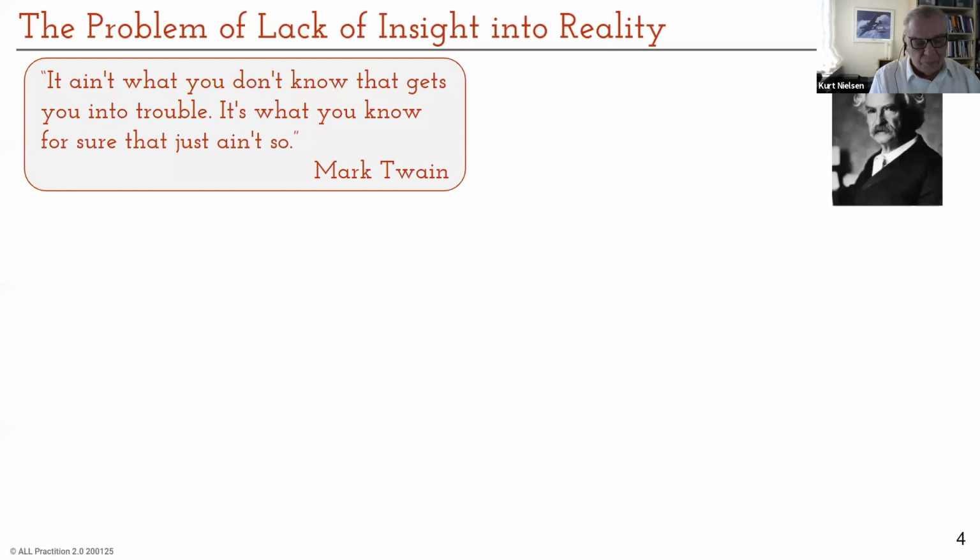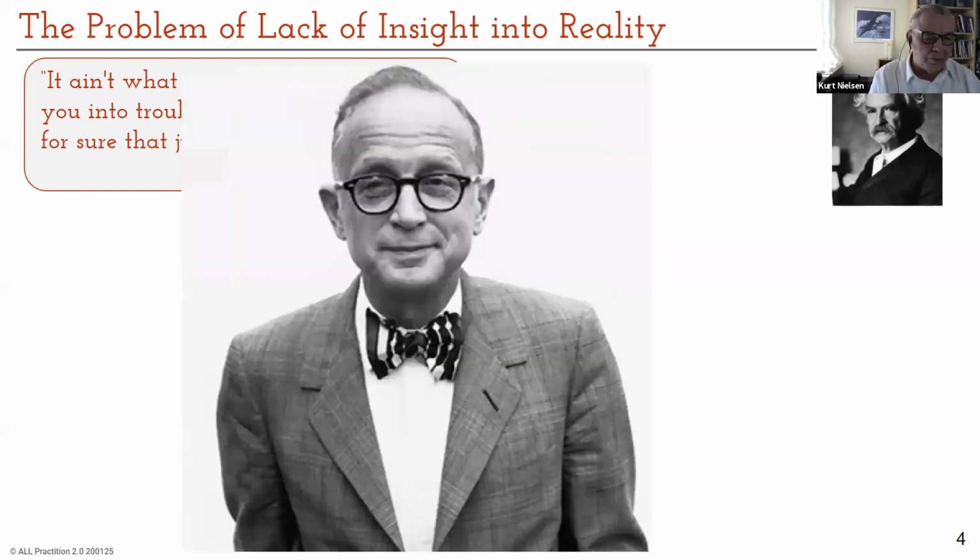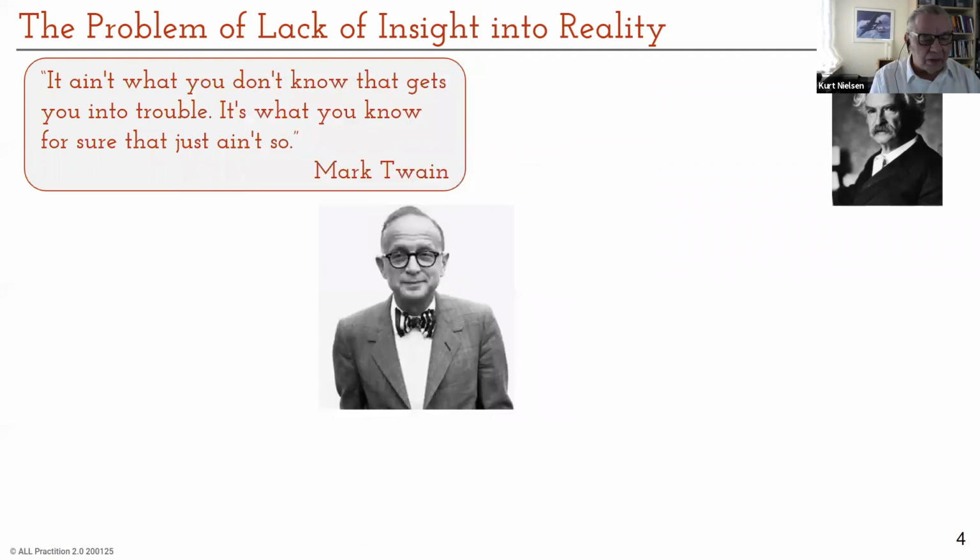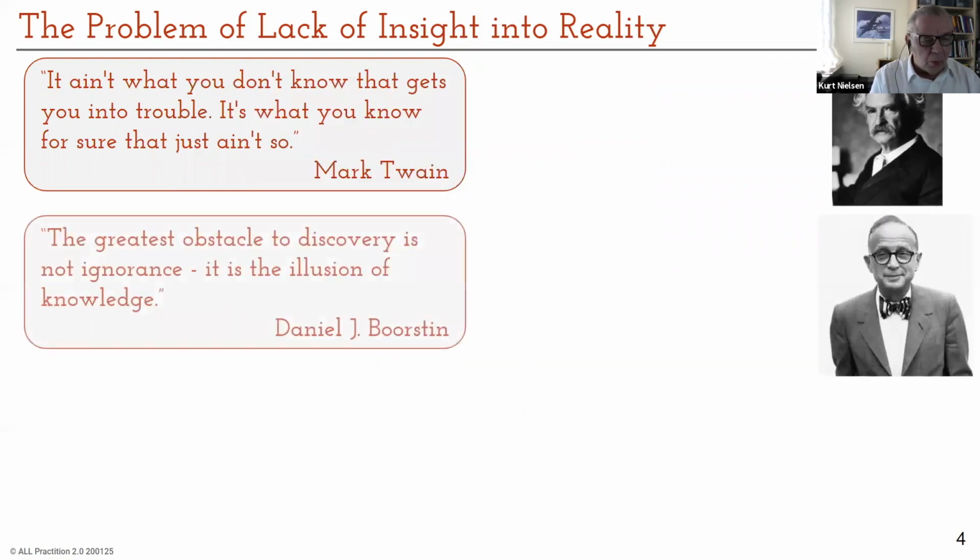Here's our friend Bornstein, and he's an academic, which you can see on the bow tie, and he has a slightly more academic version: the greatest obstacle to discovery is not ignorance, it is the illusion of knowledge.